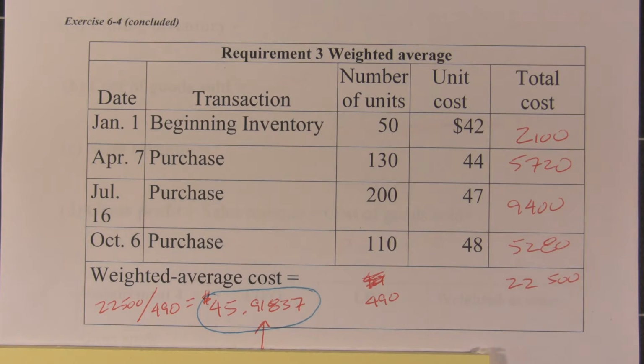So, every unit we bought at 45.91837. Every unit we sold at 41.9387. So, let's take a quick look.